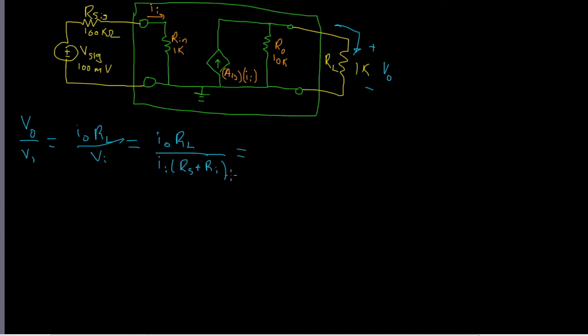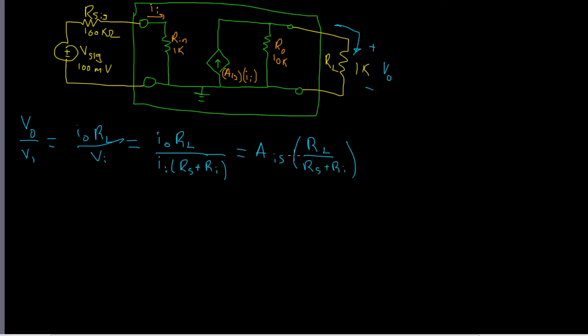And so now what we have is something that looks similar to what we had before. We have this IO over II, which, if you remember from before, is the definition of A sub IS. And you're going to have all that times RL over RS plus RI.